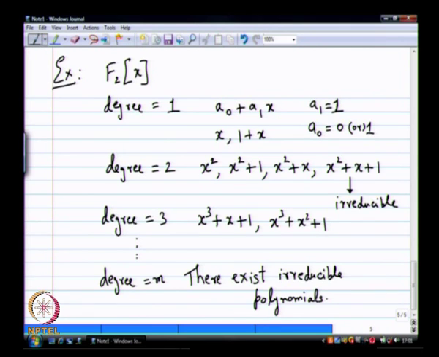So, for every m there exists at least one, and in fact you can even count the number exactly. There exist irreducible polynomials for every m. That is a good thing to know.